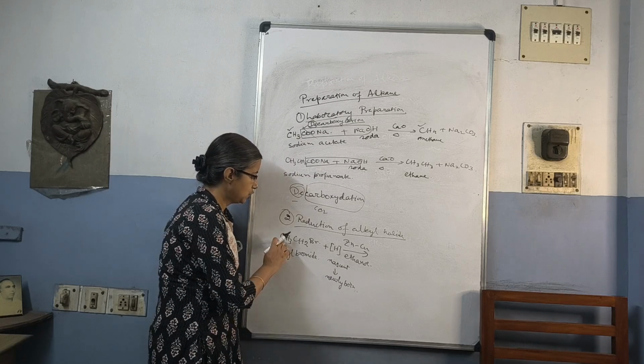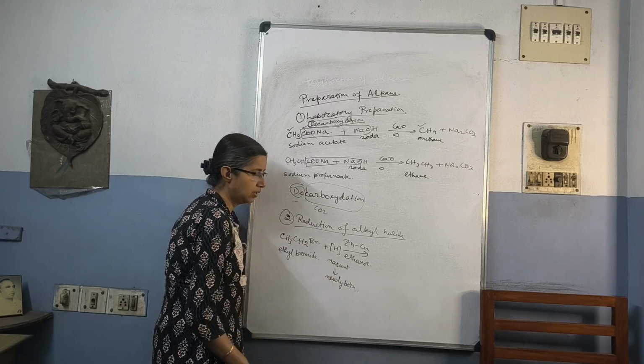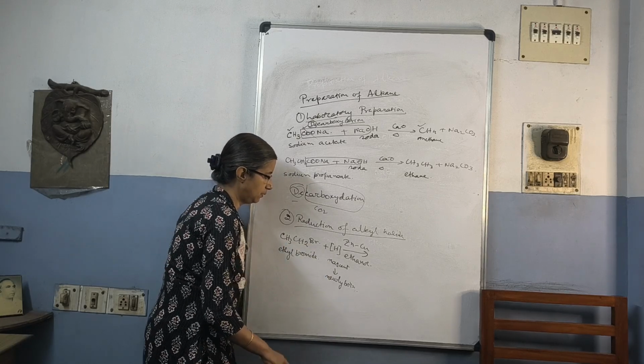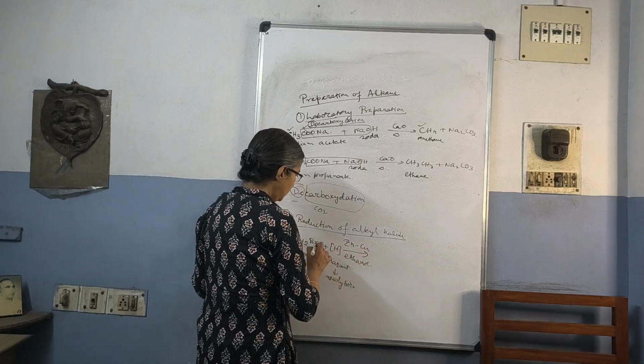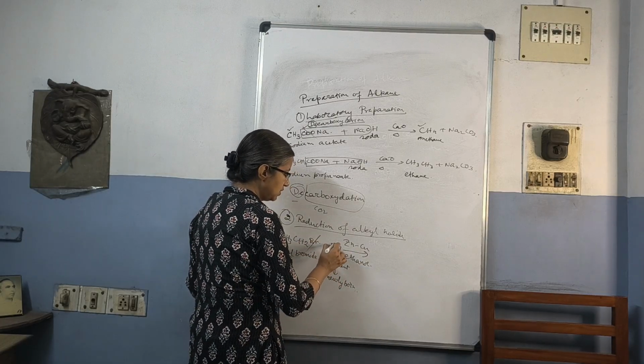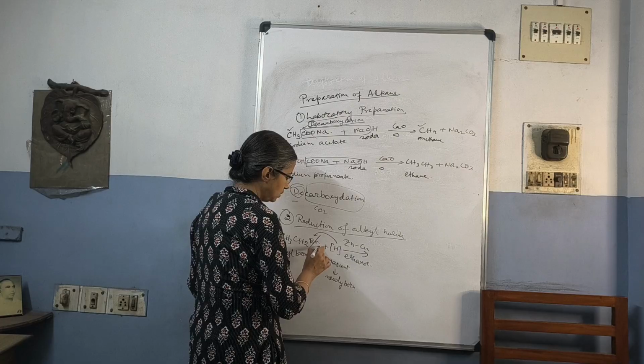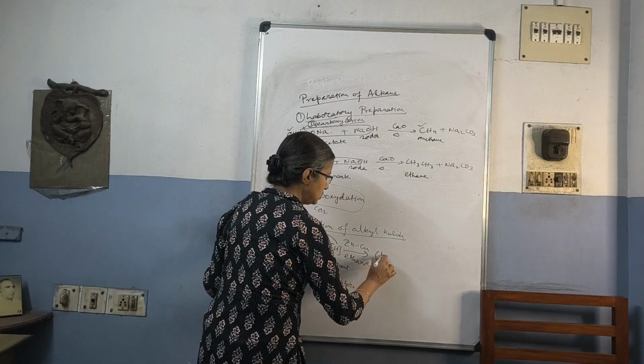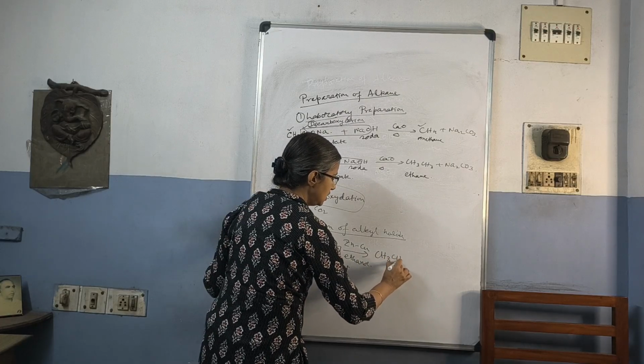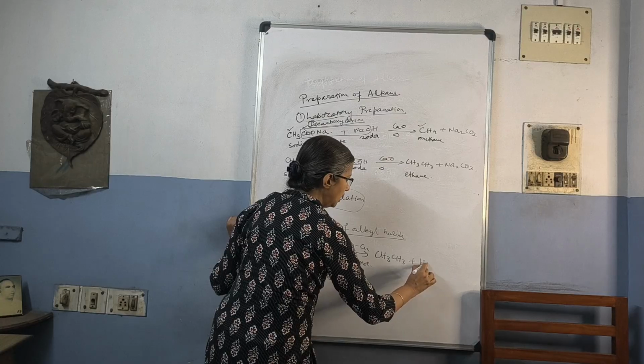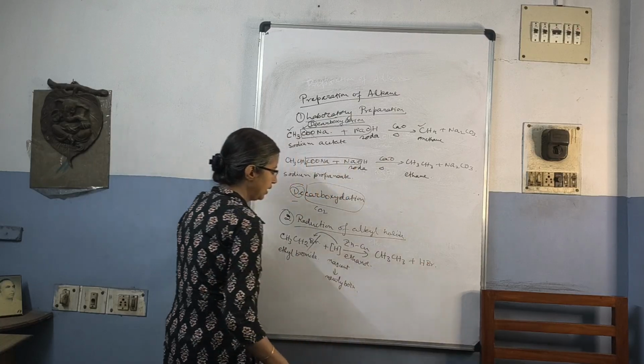So CH3CH2Br with nascent hydrogen: the bromine goes away and in its place the hydrogen is substituted. So CH3CH3 and HBr.